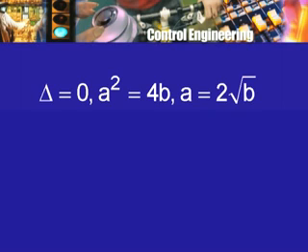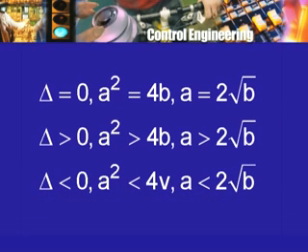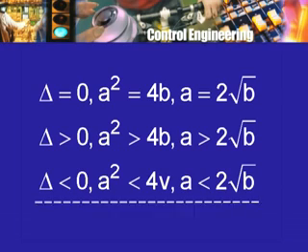Delta equal to 0 gives a squared equal to 4b or a equal to 2 root b. Delta greater than 0 gives a squared greater than 4b, so taking square roots, a is greater than 2 root b, and delta less than 0 corresponds to a squared less than 4b, and therefore a is less than 2 root b.